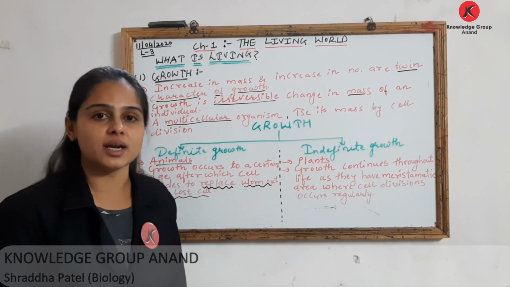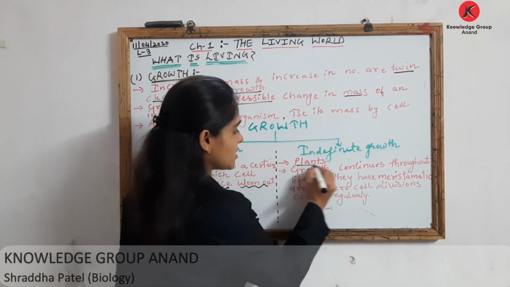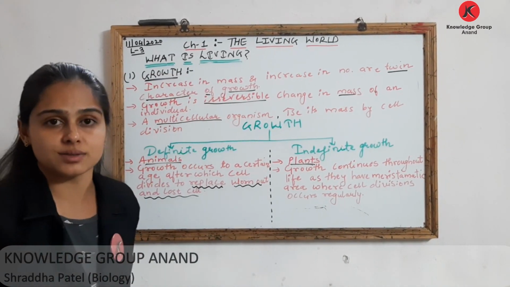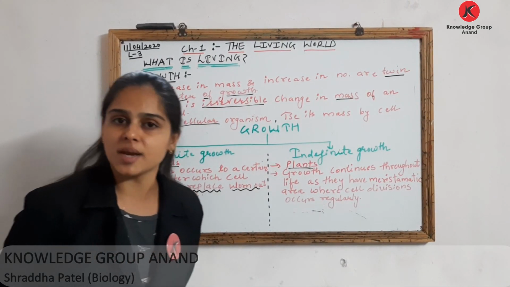Now come to indefinite growth. If we are talking about indefinite growth, तो this is exhibited by plants. ये कौन exhibit करता है? By plants. What is the reason for the same?